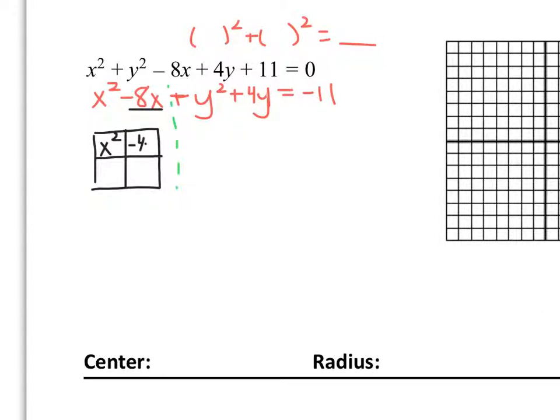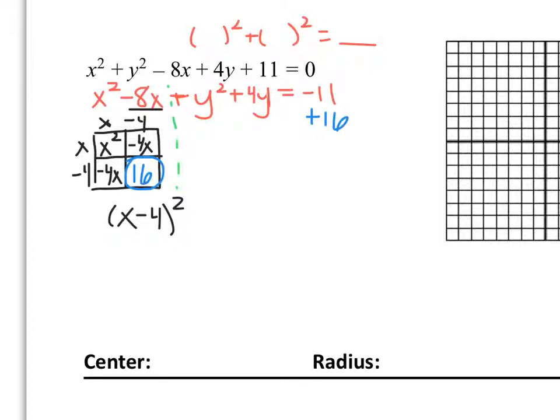So minus 4x becomes minus 2x and minus 2x. So I have x, x, minus 2, minus 2. That gives me (x minus 2) squared. But what do I have here? A gaping hole, which is 4. And if I add that on the left, I need to add it on the right.